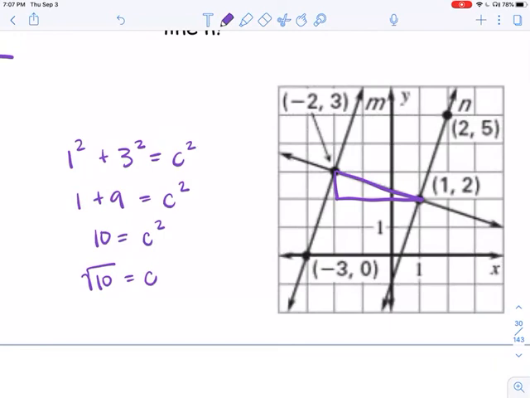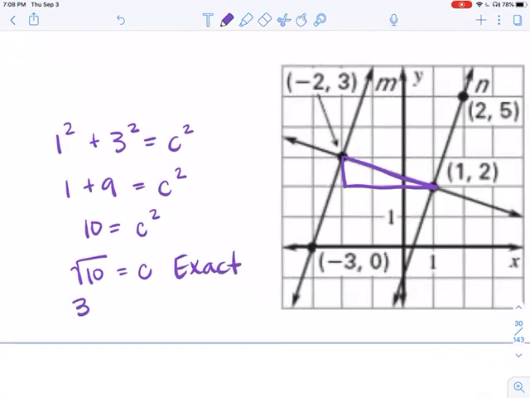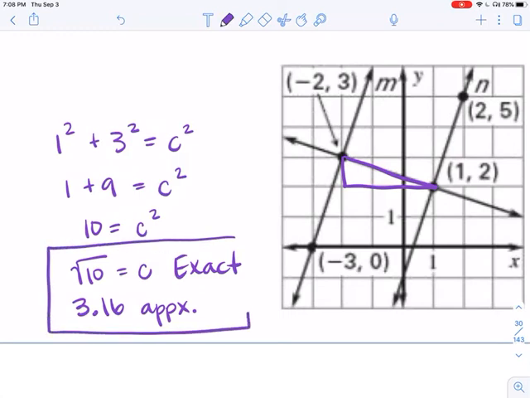And if you plug that into the calculator, you will end up with 3 point something. Let me plug this in here. So here is exact, and our approximate would be 3.16, that is rounded. So anytime we round something, we have taken it out of exact form.